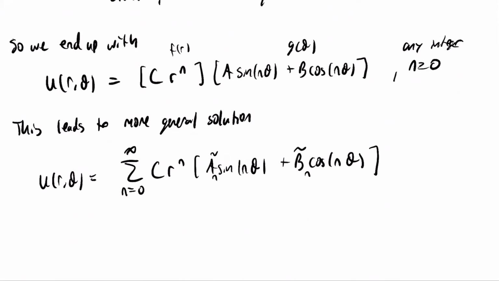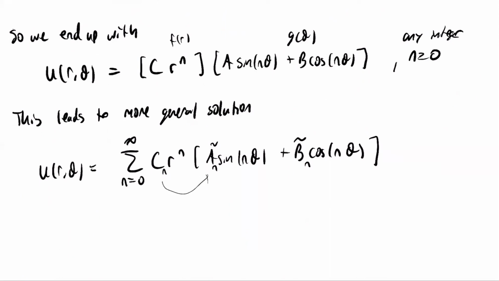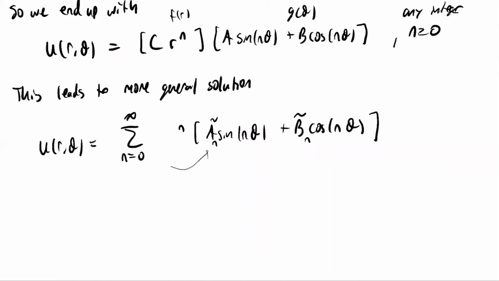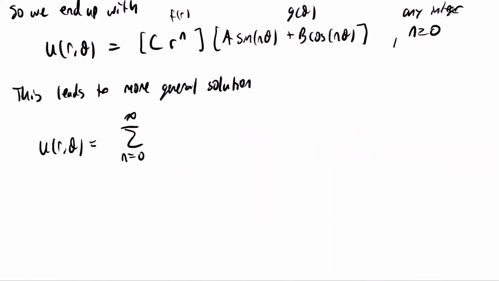And so what I can do is, since an or bn are certain constants which may depend on n, and then I have another constant here, say cn, let me just absorb this constant here, multiply through. And so I can rewrite this now, I'm just redefining the constants.